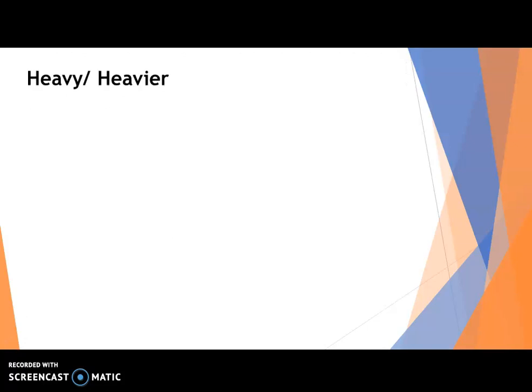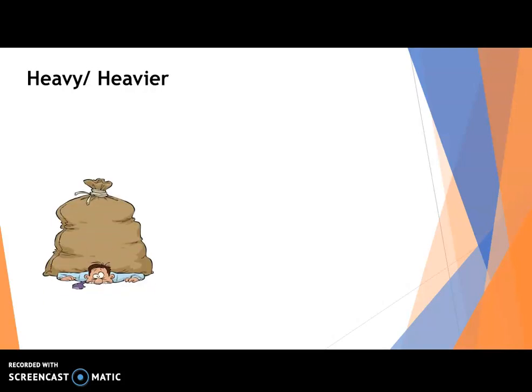If you are all ready, eyes and ears on me now. First, let us compare the words heavy and heavier. Let us understand the meaning of the words heavy and heavier. Look at the first picture. Look at the man. What happened to the man? The man is carrying a heavy object.